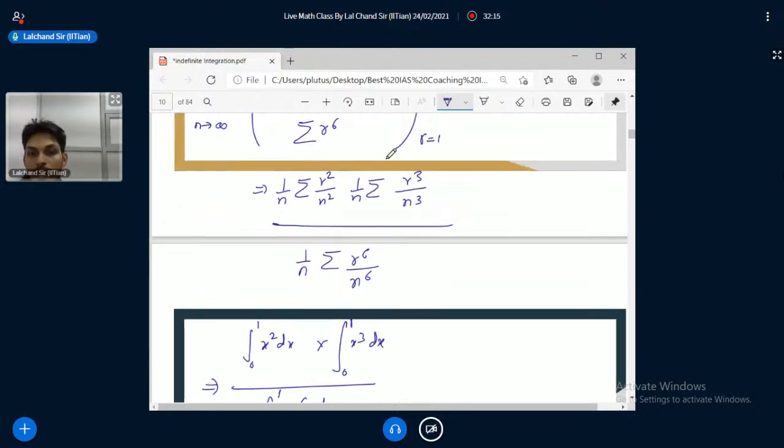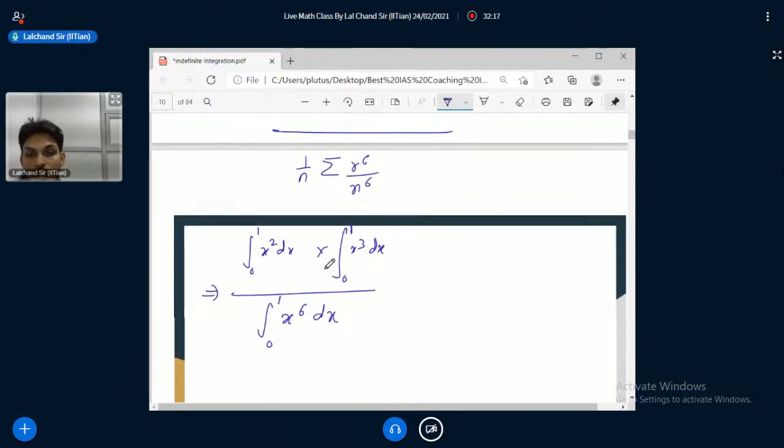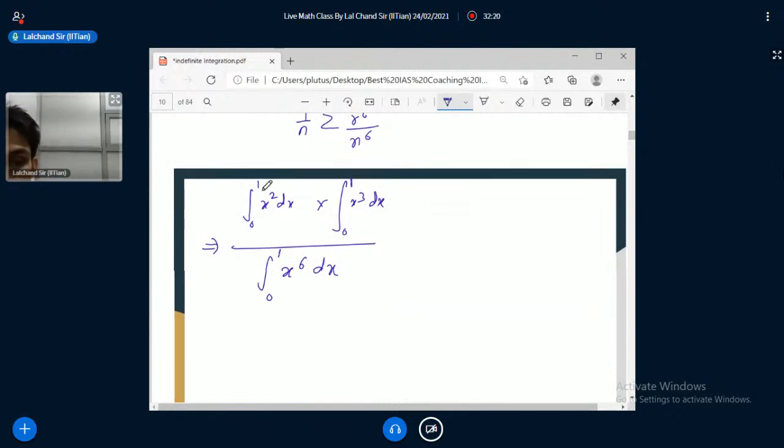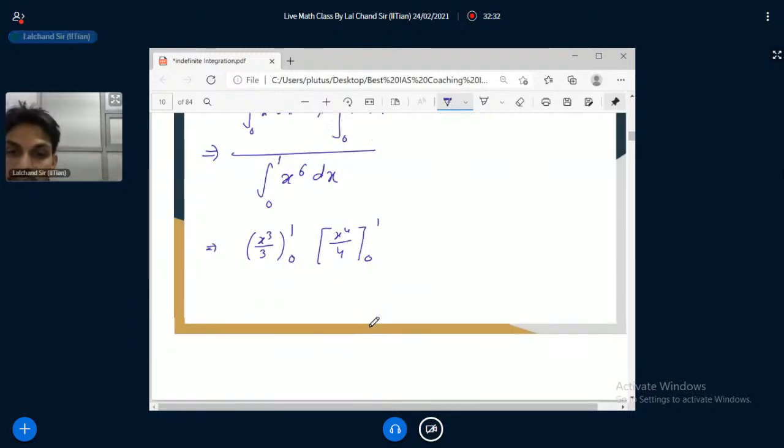This whole sigma is converted into an integral equation now. If we calculate these integrals, this is x cube by 3 with limit 0 to 1, this is x to the power 4 by 4 with limit 0 to 1, and this is x to the power 7 by 7 with limit 0 to 1.